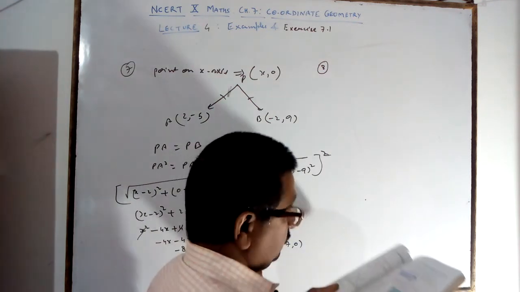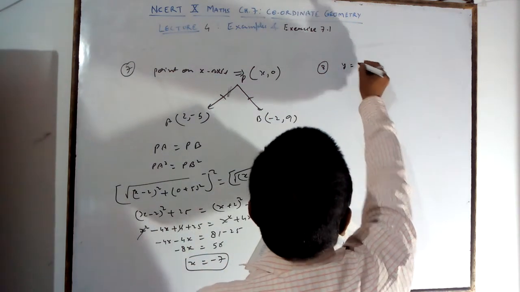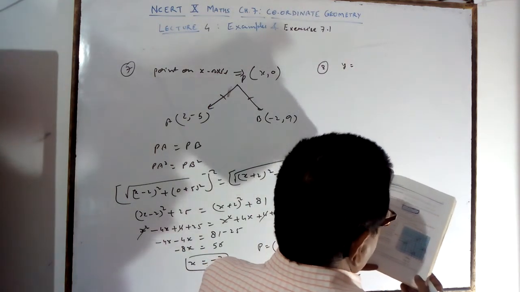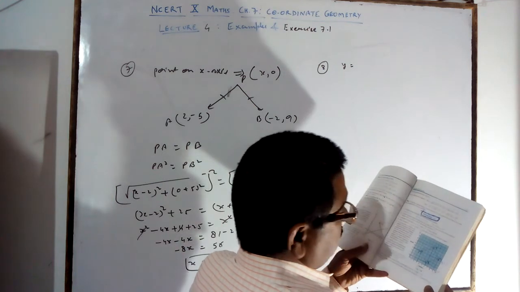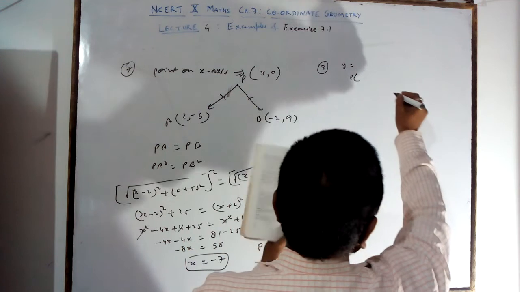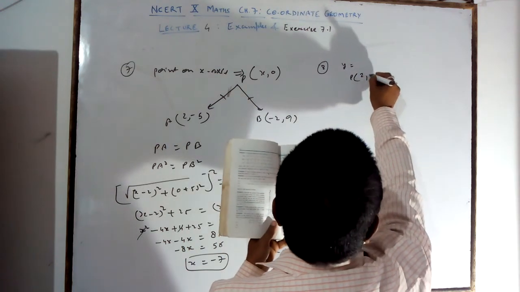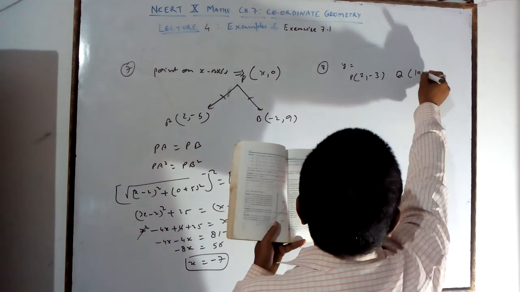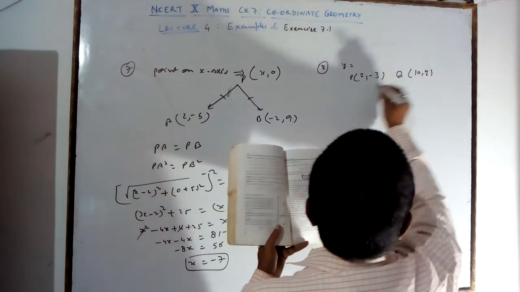Find the value of y. You want to find y when the distance between the two points is 10. The distance between P, given as 2 comma minus 3, and Q, given as 10 comma y, is 10.